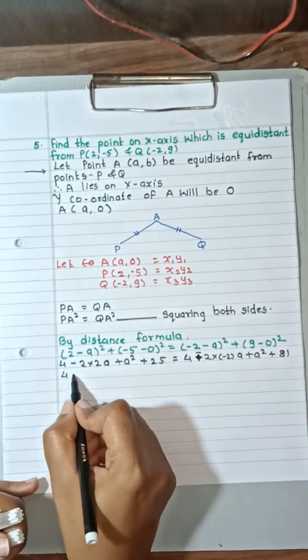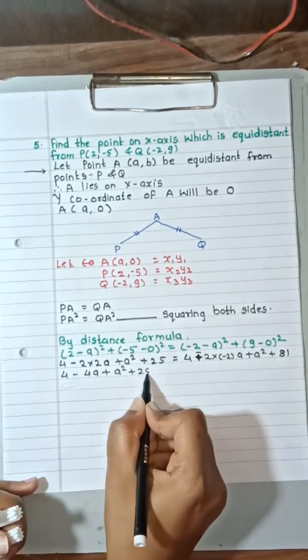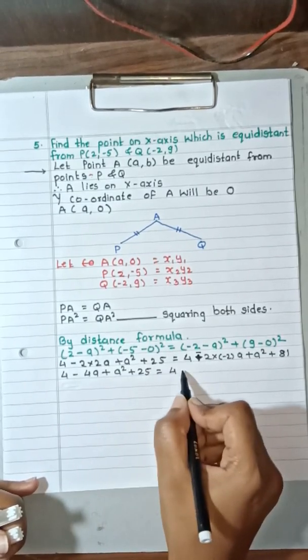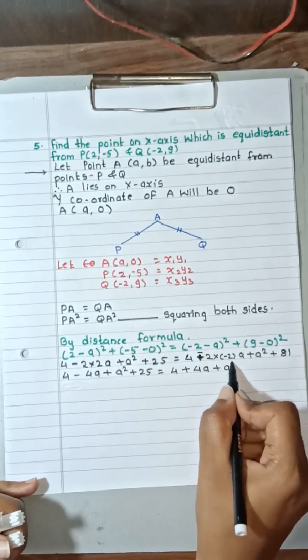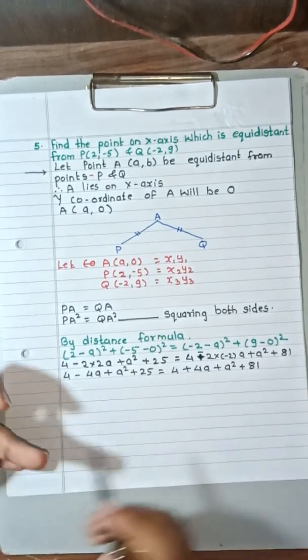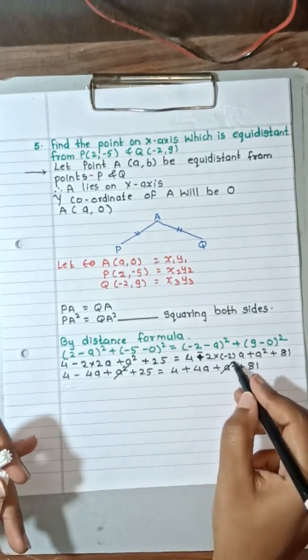So this will be 4 minus 4a plus a square plus 25 is equal to 4 plus 4a plus a square plus 81. Now you can see here, this a square will get cancelled with a square.